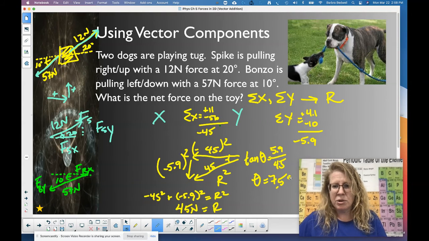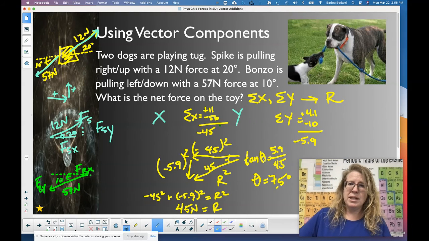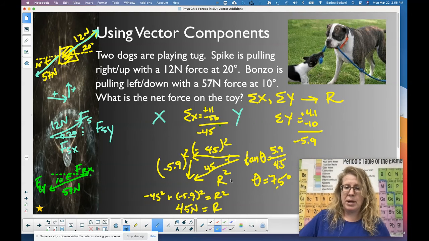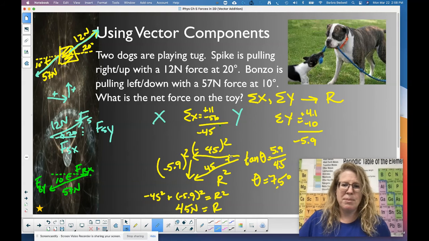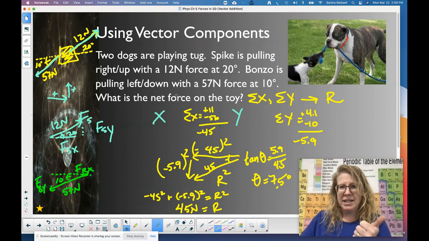Now, what direction is that? That direction is down and to the left, or to the left and down, I guess is probably what I would end up saying. So this way right here, 7.5 degrees below horizontal to the left would work. So what is our resultant net force on the toy? Our resultant force, we need a magnitude, we need an angle, and we need a direction.